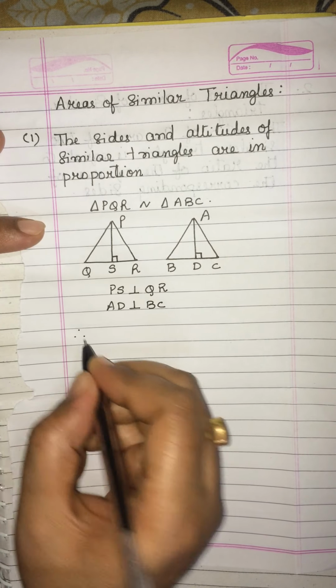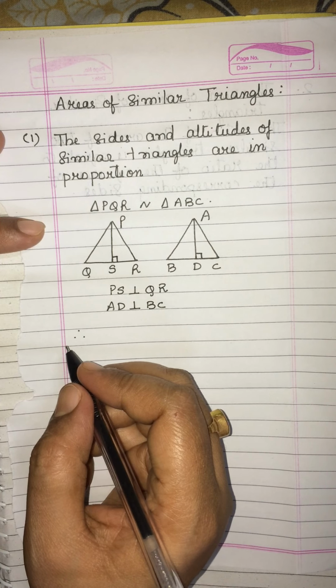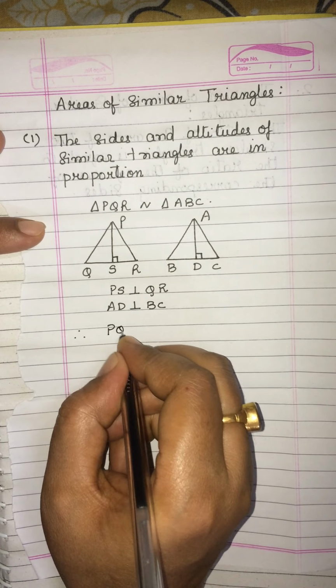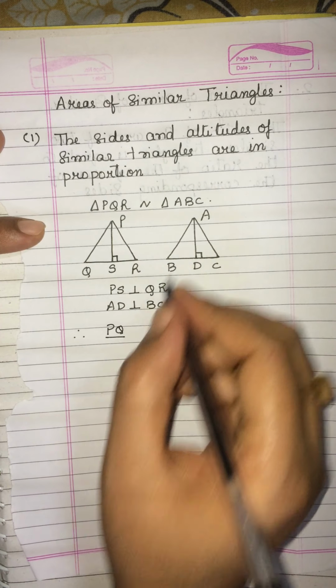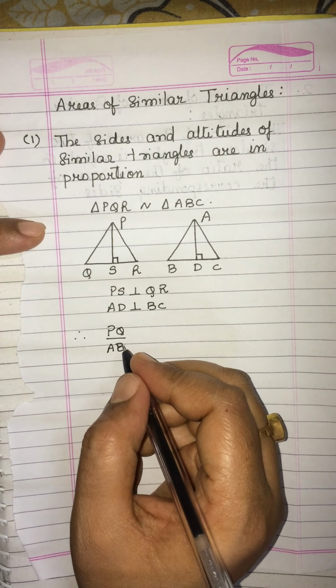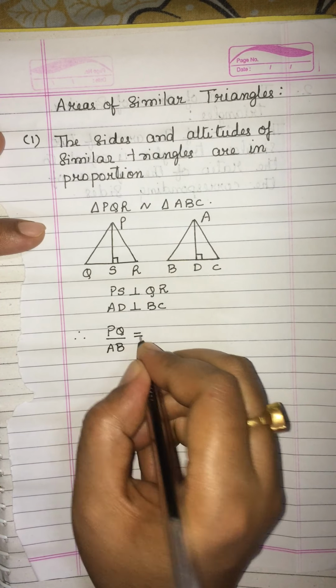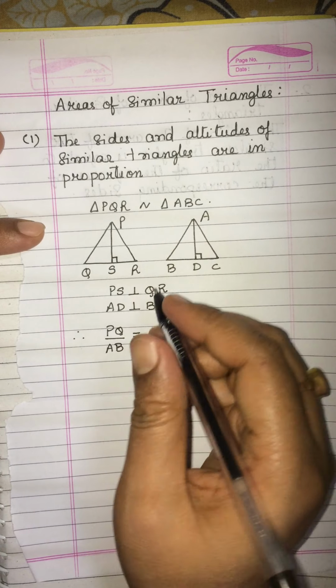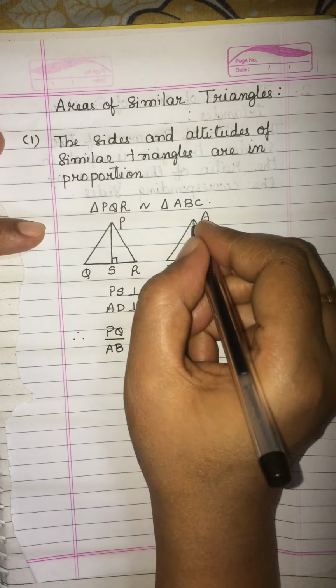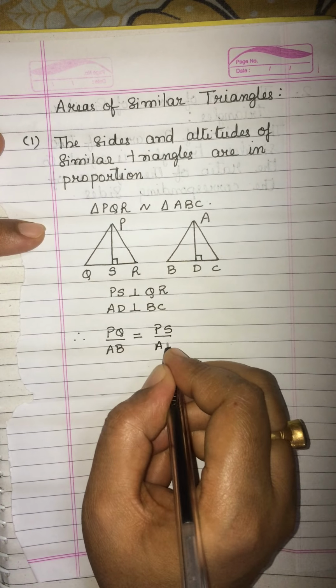So the property says that PQ upon AB is equal to the ratio of the sides, and the ratio of the heights of the triangles is PS upon AD.